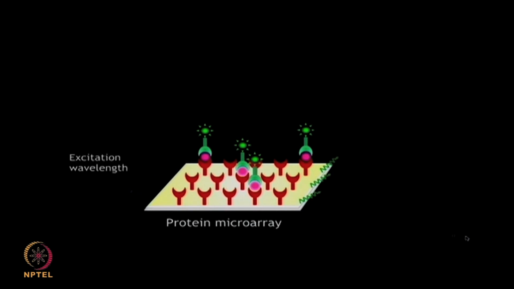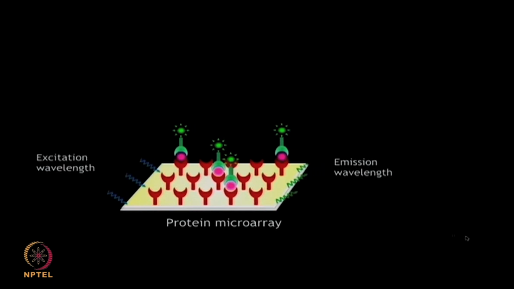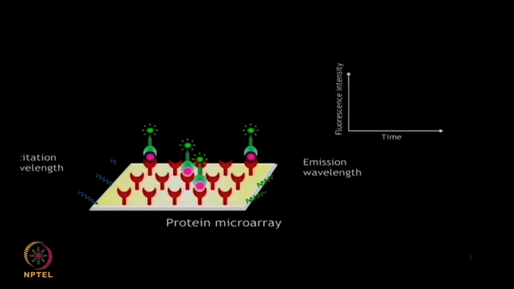The excess unbound secondary antibody is washed off and the fluorescence measured by exciting the array with light of suitable wavelength. The resulting emission is measured using a microarray scanner and can be used to quantify the corresponding antigen-antibody interaction.